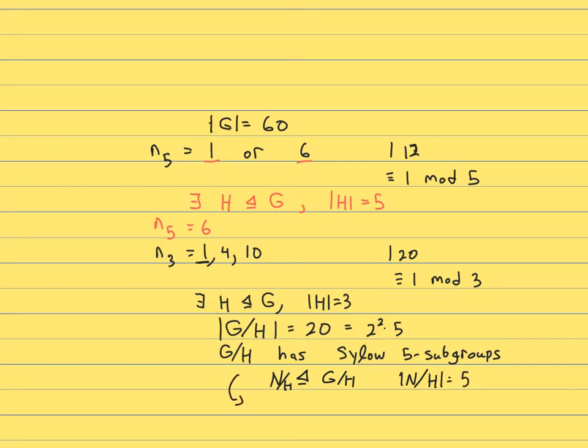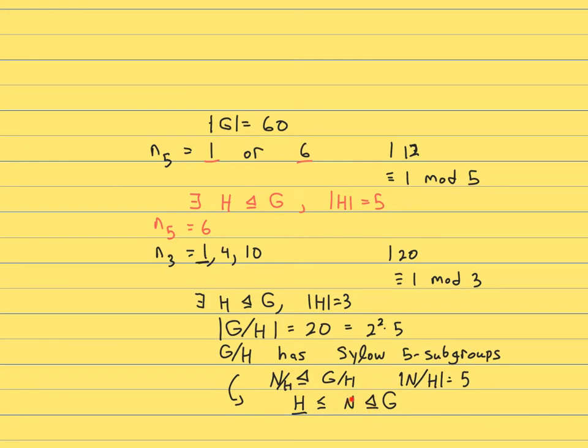And by the isomorphism theorems, we know that subgroups of quotient groups correspond to subgroups of the original group that contain the group you're quotienting by. Moreover, this relationship preserves normality.